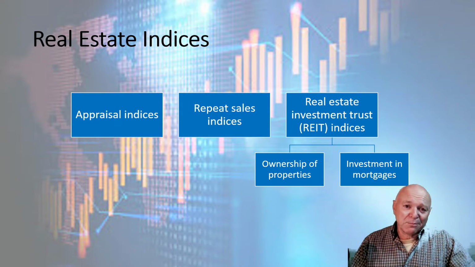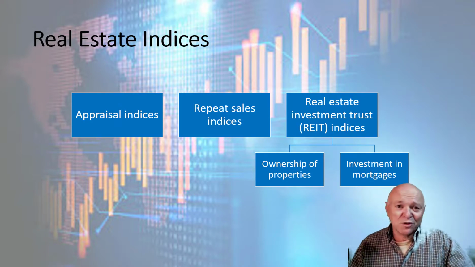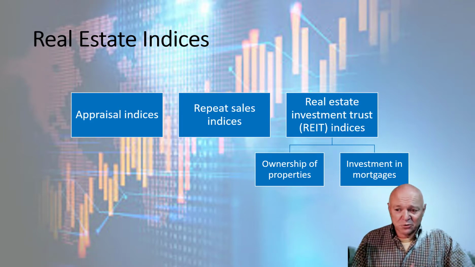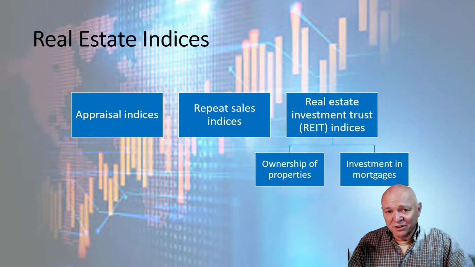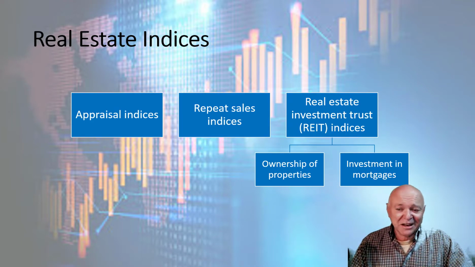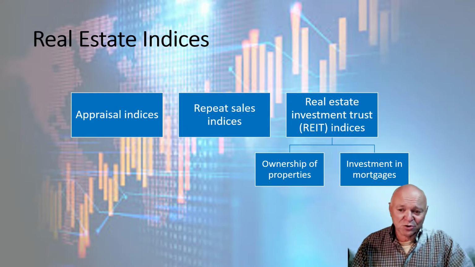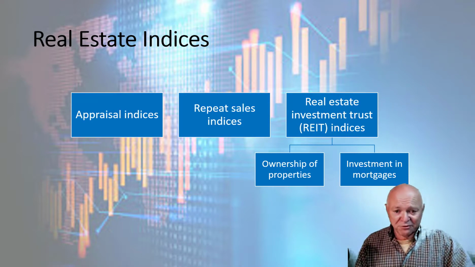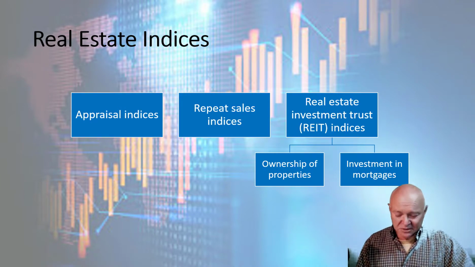They even buy properties like university residences and manage those, or nursing homes. So real estate investment trusts may be very specialized. It becomes very difficult then to create an index that represents that, but I'll show you an example of that in a second. We also have information about pricing from appraisal indices and sales indices.